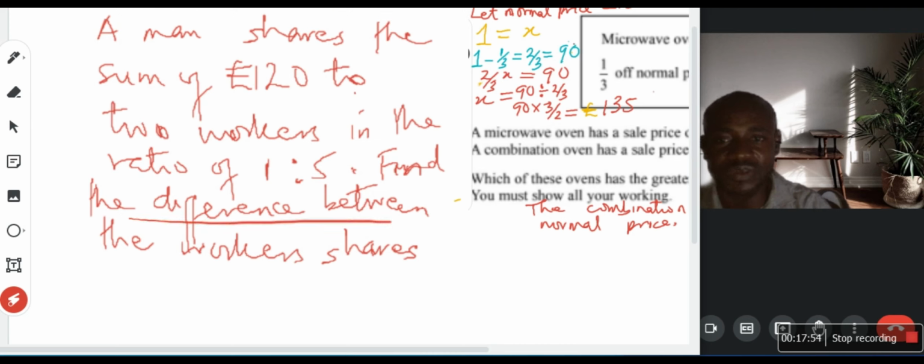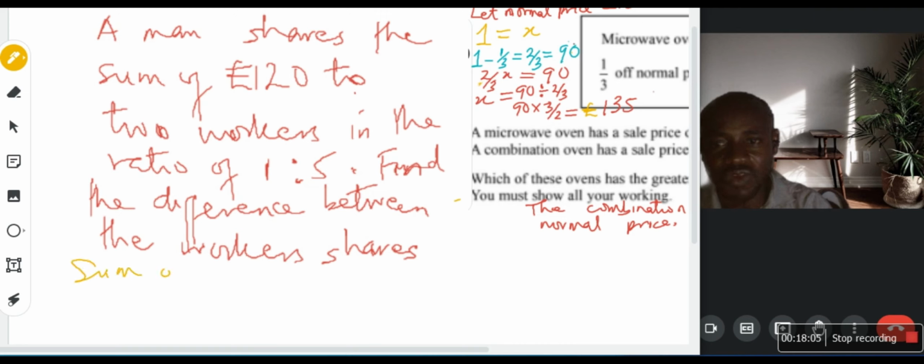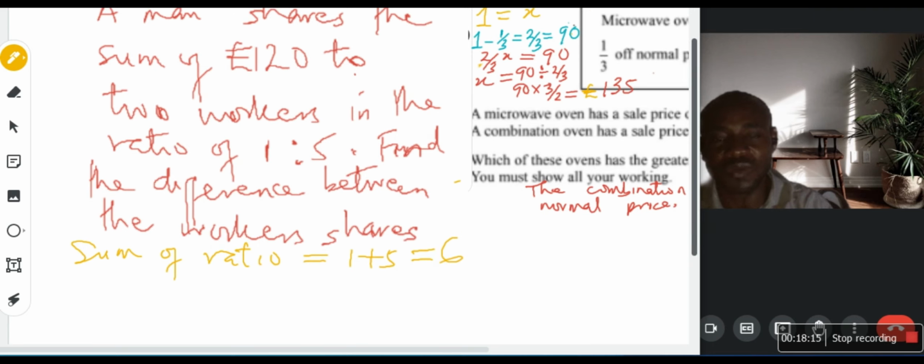Find the difference between the workers' shares. Here the ratio is 1:5. We can start by saying sum of ratio is 1 plus 5, and that gives us 6. That's the sum of ratio.